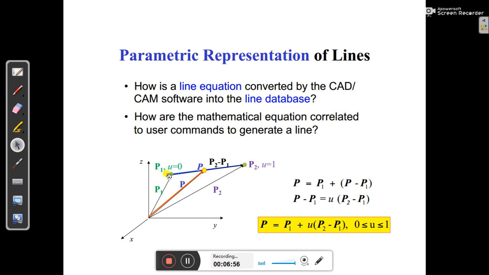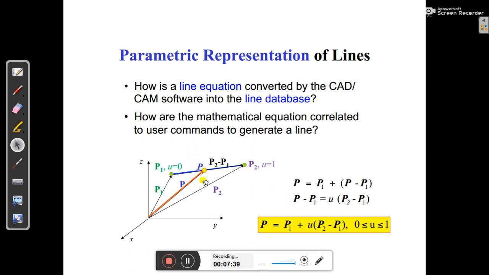P1 is this part, and this is P2 minus P1, and P2 is this one. P minus P1 equals mu into P2 minus P1.